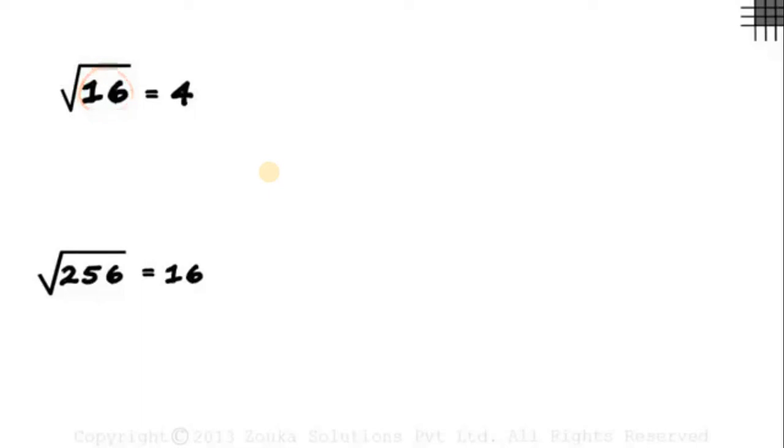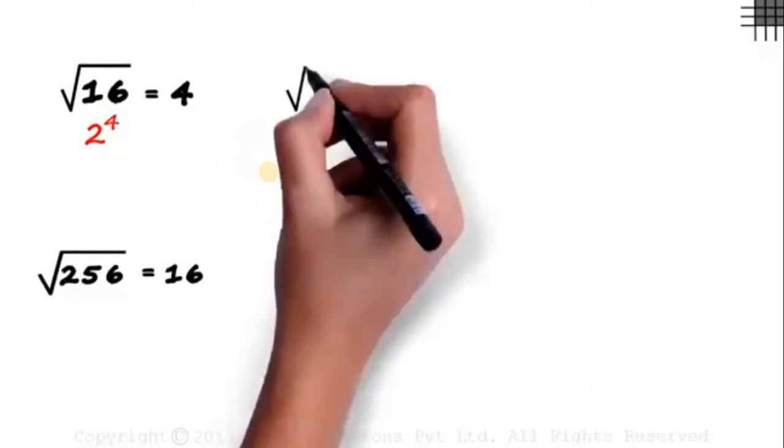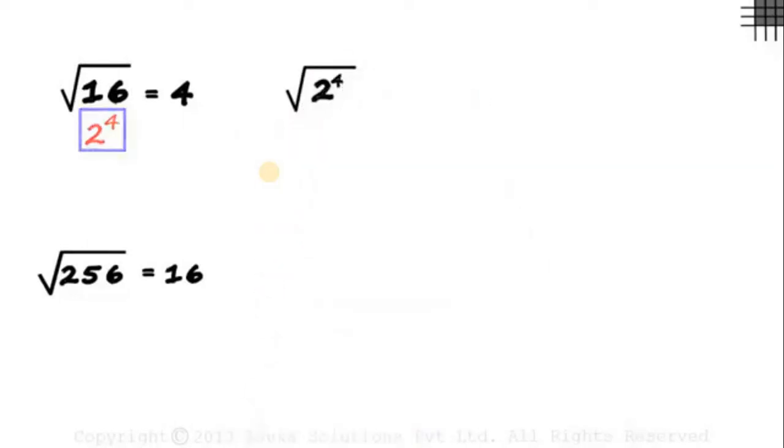So we'll try another one. Let's try writing 16 in exponential form. We know that 16 can be written as 2 to the power of 4. So the square root of 16 can be written as the square root of 2 raised to 4. It is the same thing as the square root of 16.